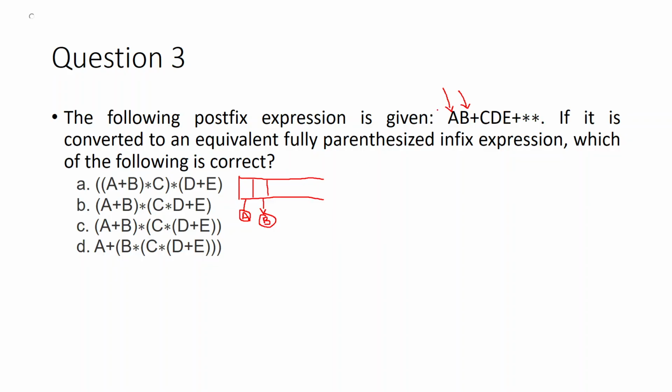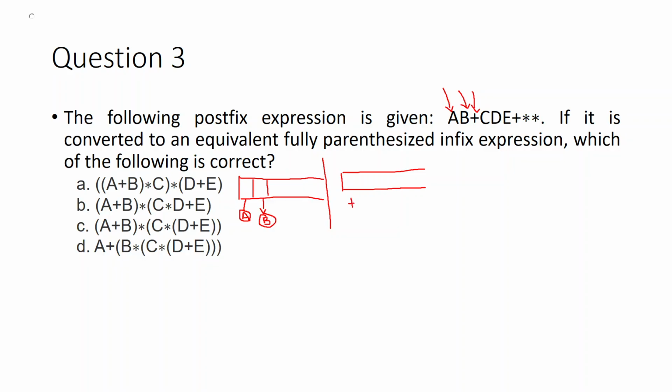Then the third one is an operator. If a character is an operator, we need to pop two values from the stack, make them its children, and push the current node again. The third one is an operator, so we need to pop two values from the stack and make them its children.